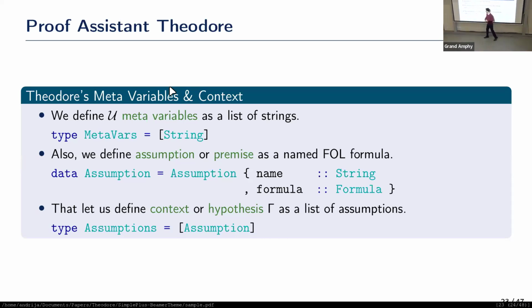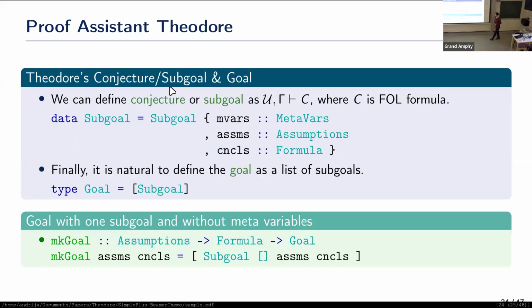In Theodore, we call it assumptions. Then we can define the conjecture or subgoal, which will have three elements: meta variables, context, and conclusion, where the conclusion is just a first order formula, and we make a constructor for that. And the goal would naturally be defined as a list of subgoals.